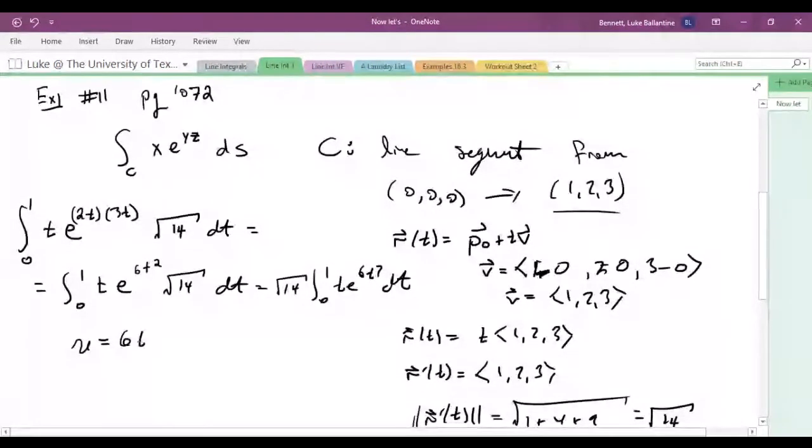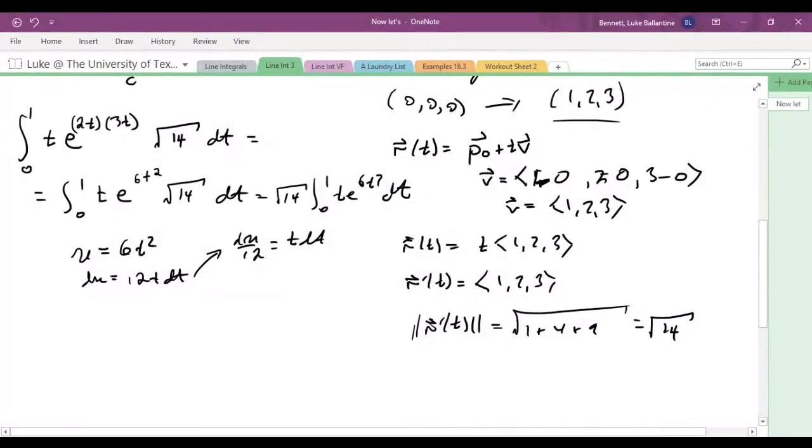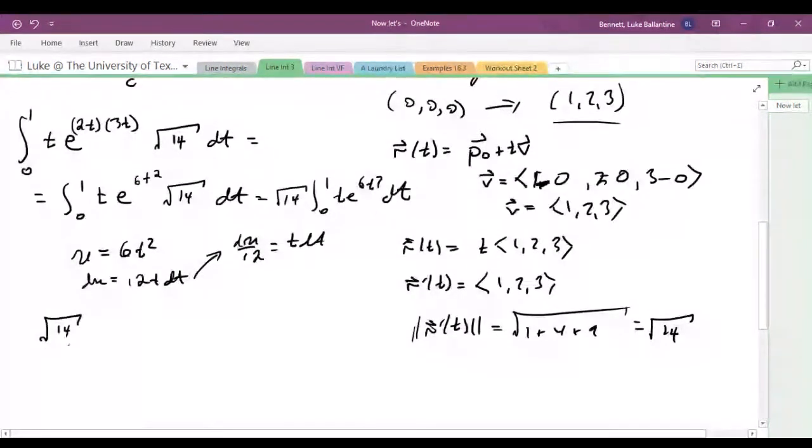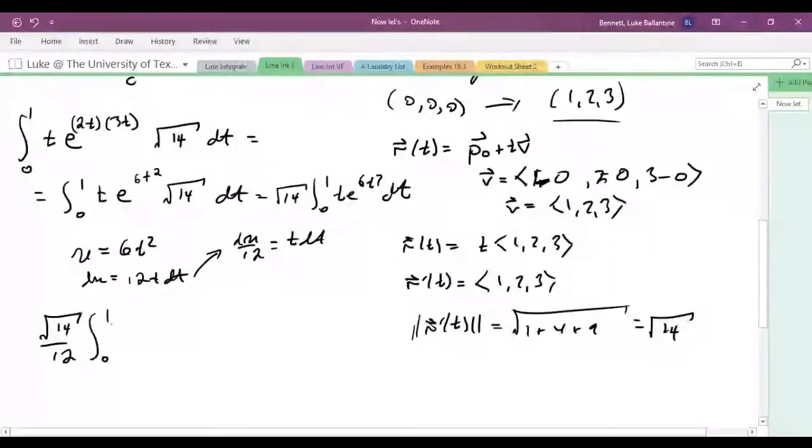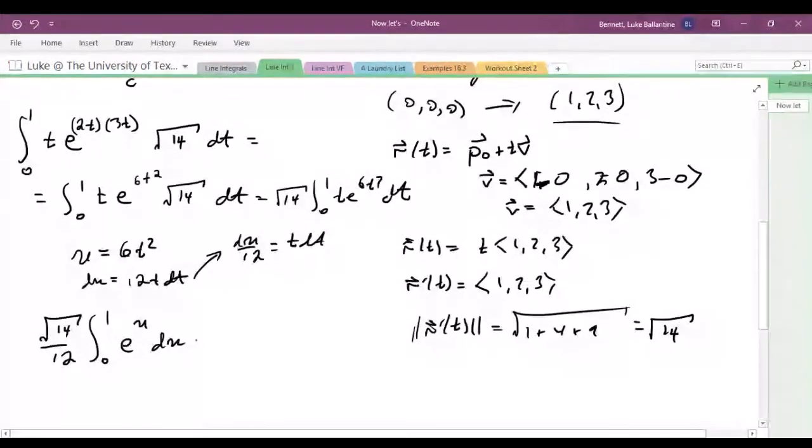We get u equals 6t squared, du is equal to 12t dt. We don't have a 12, so divide by it. dt is equal to du over 12. The 1 over 12 can come out. Square root of 14 over 12, integral from 0 to 1, e to the u du.